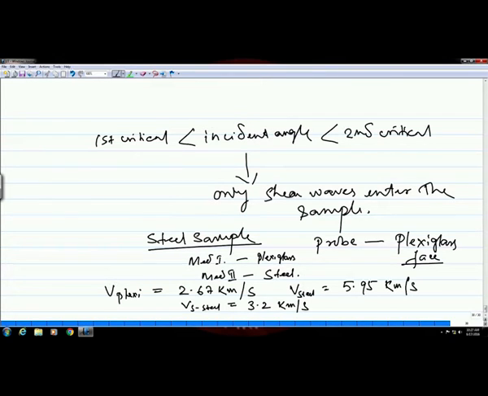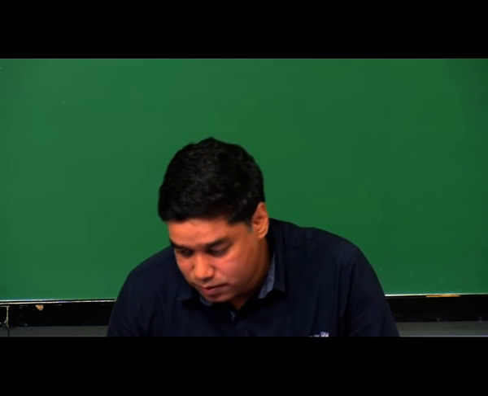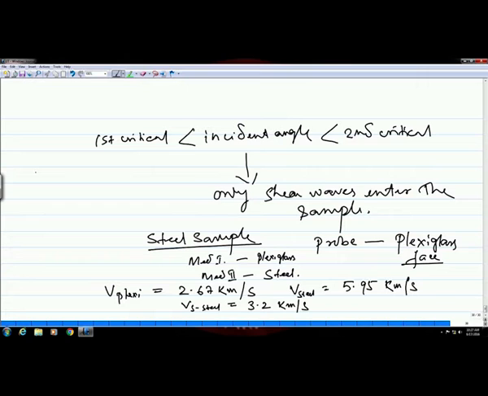So, let us calculate the first critical angle and the second critical angle for a steel sample where the face of the probe is made of plexiglass. Okay. So, the first critical is sin inverse V L 1 by V L 2.